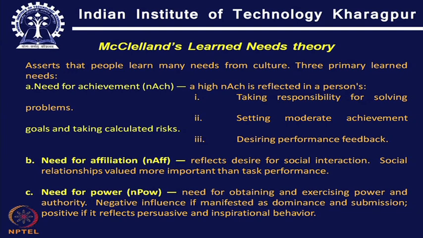It is a negative influence if manifested as dominance and submission, and positive if it reflects persuasive and inspirational behavior. So, we can understand people differ individually in these 3 levels of needs: need for achievement, need for affiliation, and need for power.